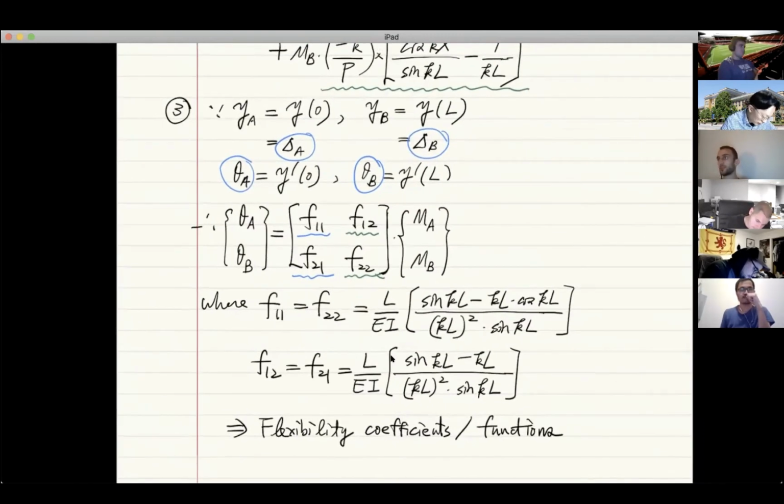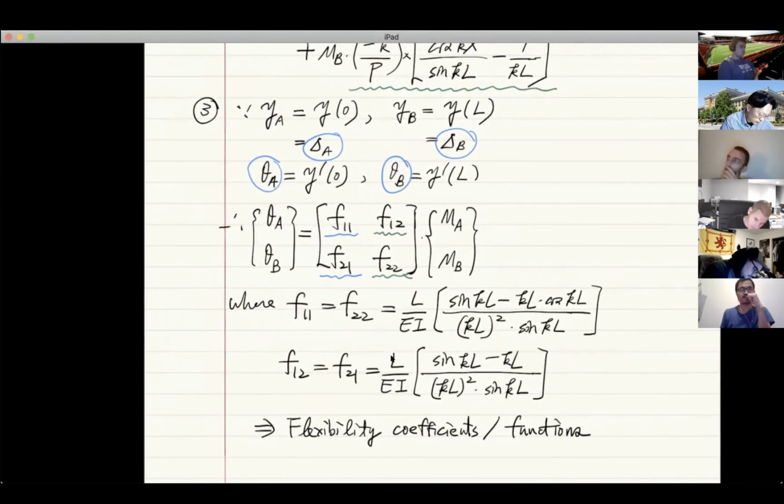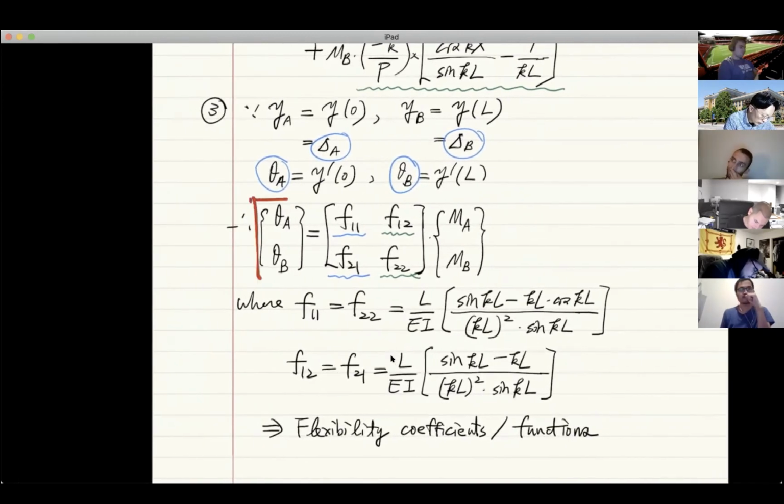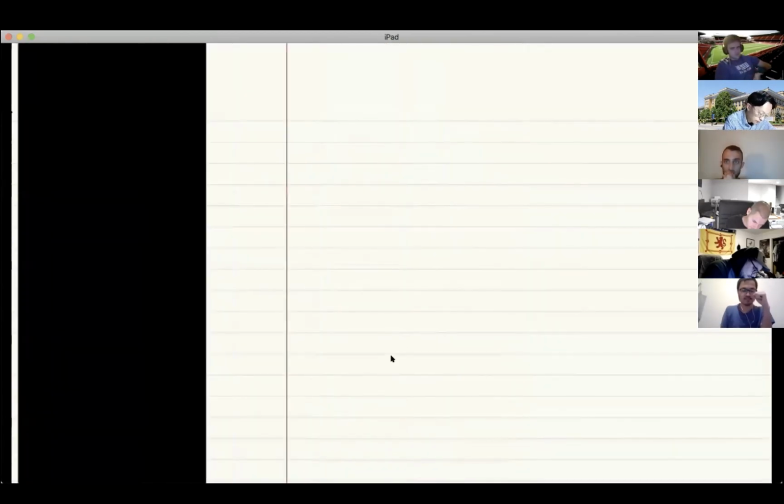Now, remember this expression, how we relate angles theta A and theta B to MA and MB. The next step, step 4. If we have that equation, how am I going to get the expression of MA and MB?